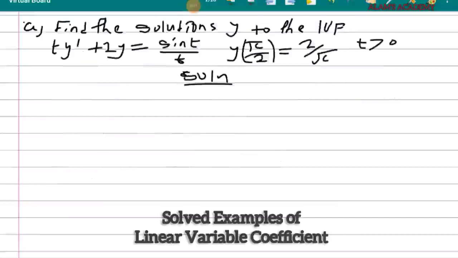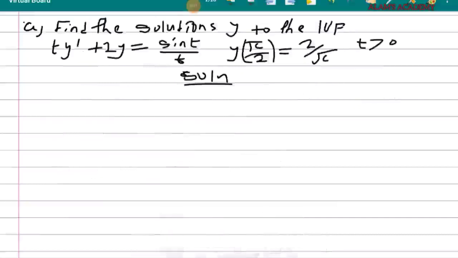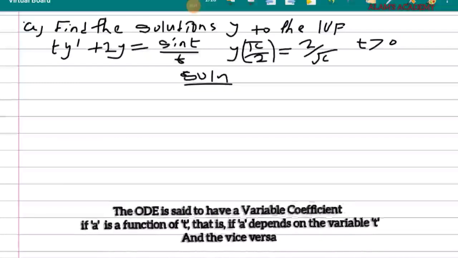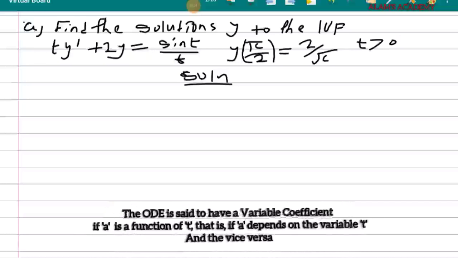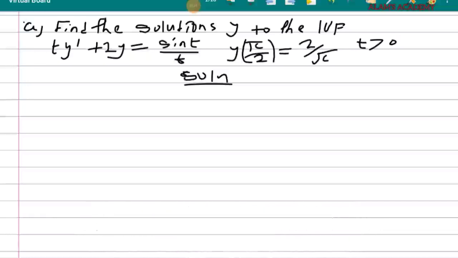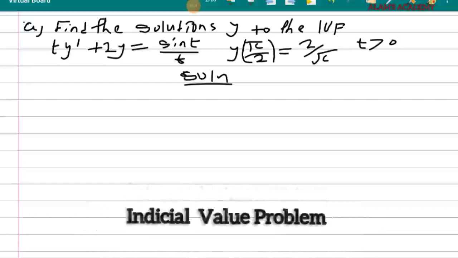Now, taking the first question, to find the solution y to the IVP t y prime plus 2y equal to sine t all over t. It is an IVP, that is initial value problem.